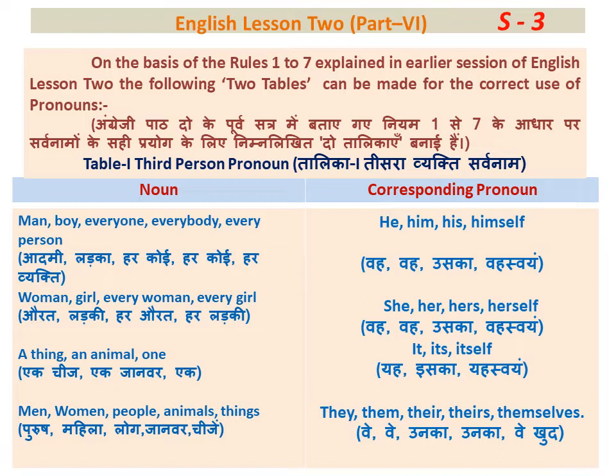Third, a thing, an animal, one. For these nouns, the corresponding pronouns will be it, its, itself. Fourth category is men, women, people, animals, things. For these nouns, the corresponding pronouns will be they, them, their, theirs, themselves.